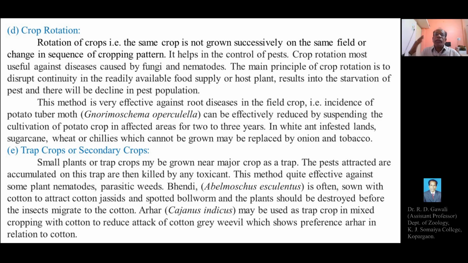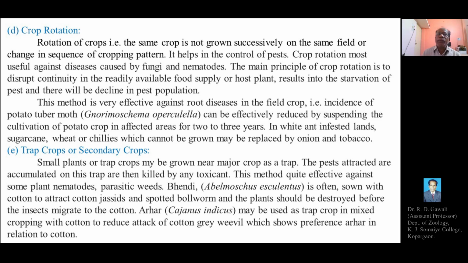So crop rotation will break the food chain, and due to this, the pest will not get its proper food, and simply it will get exposed to starvation.